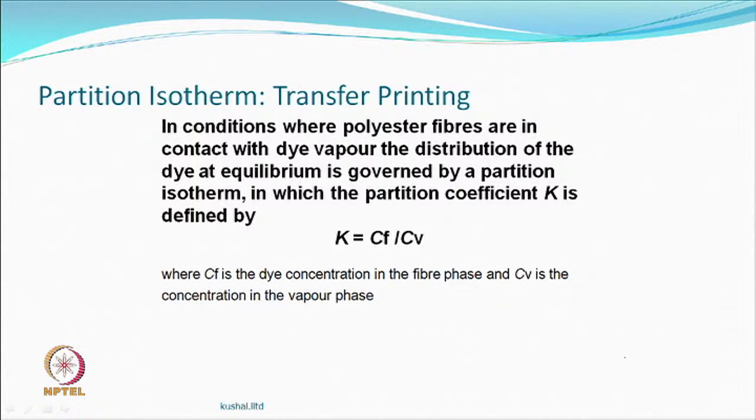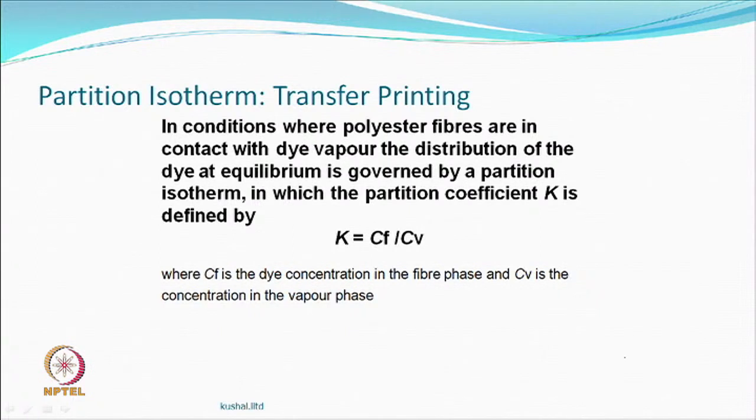So, conditions where the polyester fiber then convert to dye vapor, right. The distribution of dye at equilibrium is again governed by the same partition isotherm, in which the coefficient could be defined in the same manner, where the concentration Cf is the concentration on the fiber and Cv is the concentration of the dye in the vapor phase.